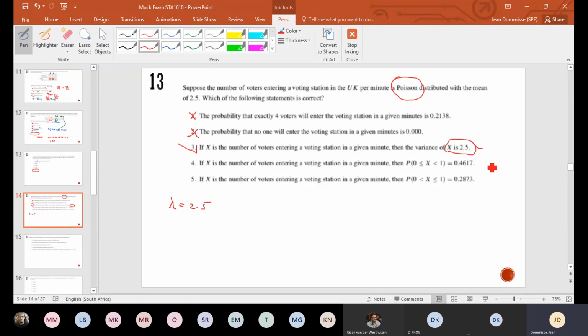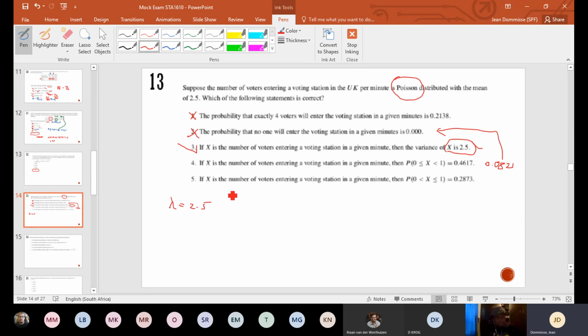So that answer then should be 0.0821, which should have been the same as that one. So you can see that is basically asking exactly the same question.